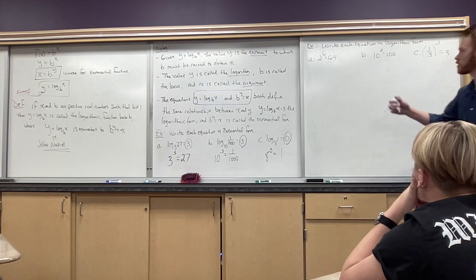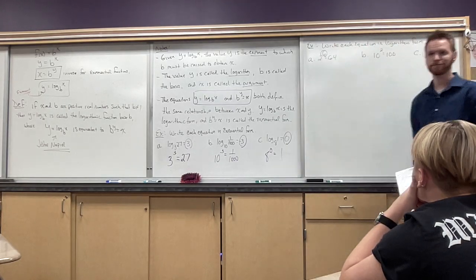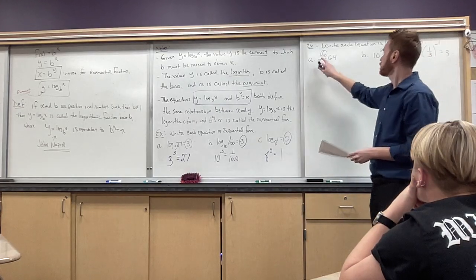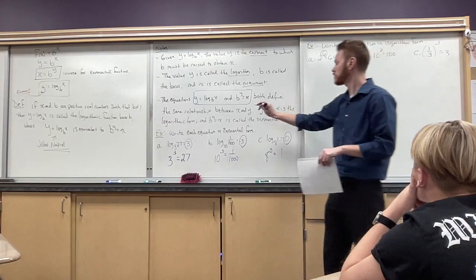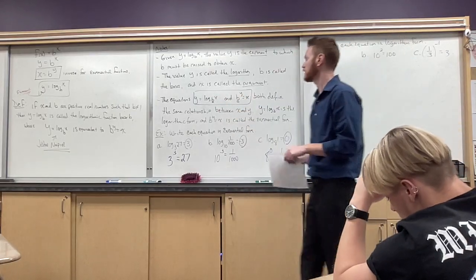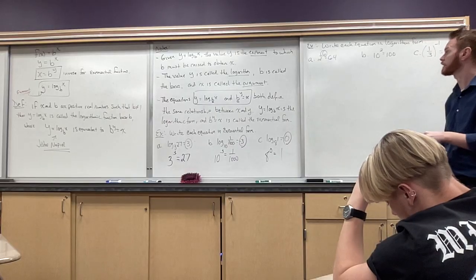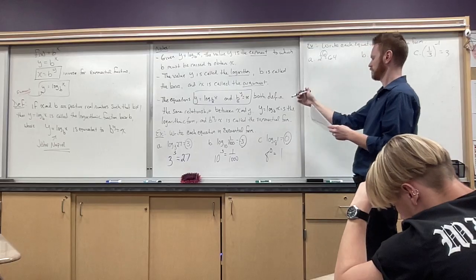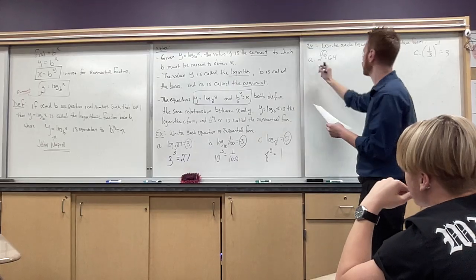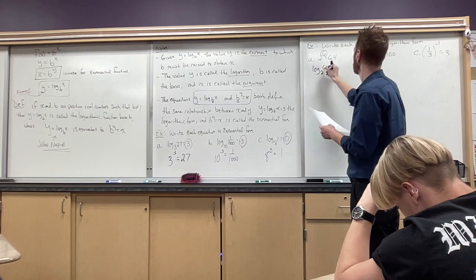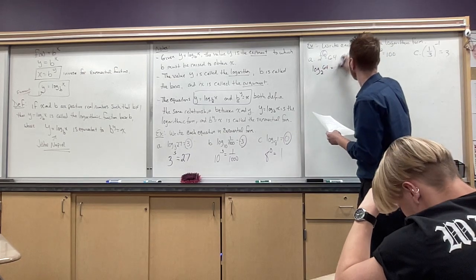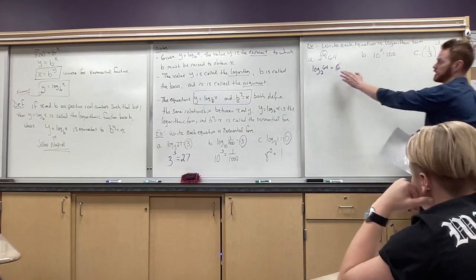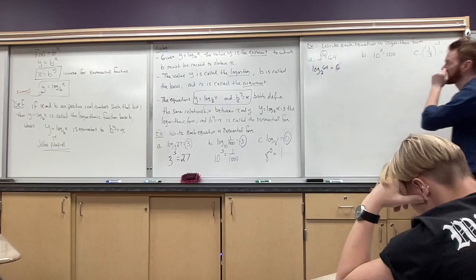So for part A, let me just circle the exponent. The exponent's 6, right? So that's what my log is going to be equal to. It has to be equal to 6. My base is still going to be 2. No matter what, if you look at your equivalency over here, b as the base doesn't change at all in terms of where it's located. It's still going to be on that side. So log base 2 of 64 would be 6. Again, this is the exponent we raise our base to get to the argument.